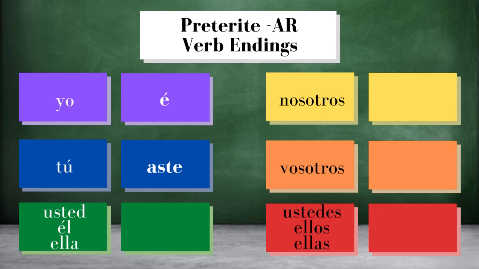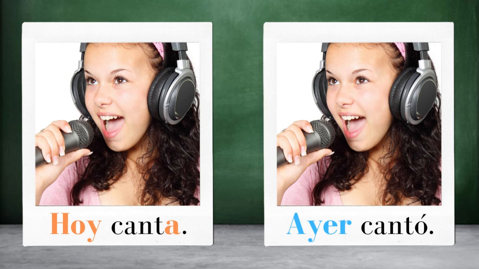Now you should have yo ends with é in the preterite, and tú ends with aste in the preterite. Let's look at the next one. Hoy canta, meaning today she sings. Then we have ayer cantó, meaning yesterday she sang in the past or preterite tense. What is the conjugation that we need to add to preterite AR verbs in the él, ella, usted form?